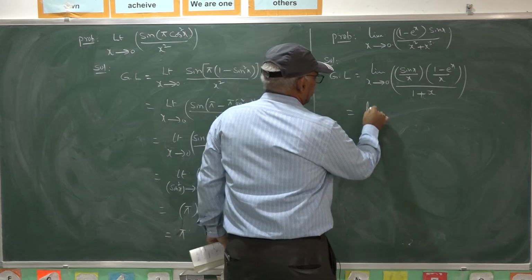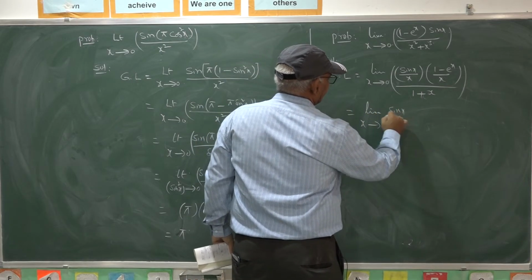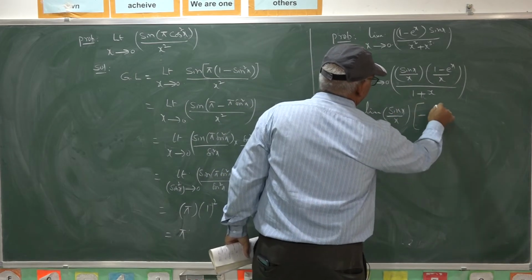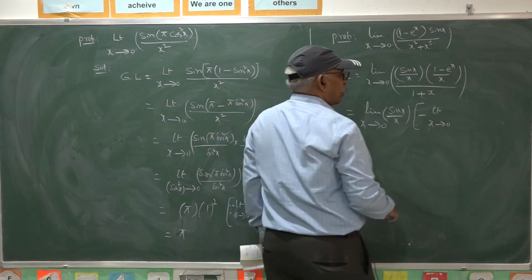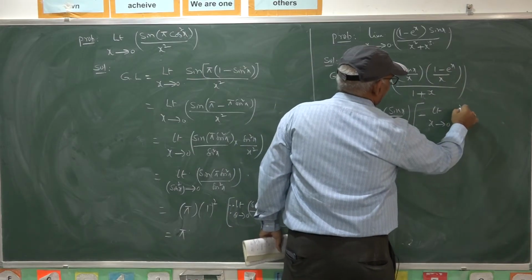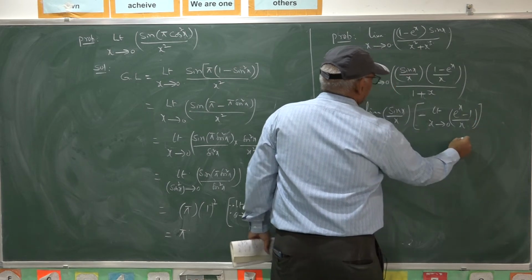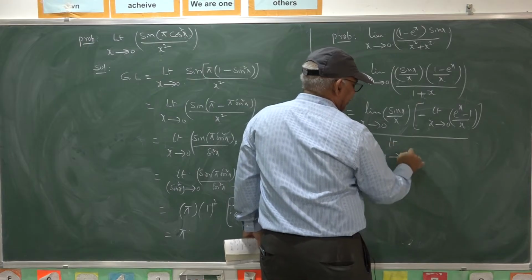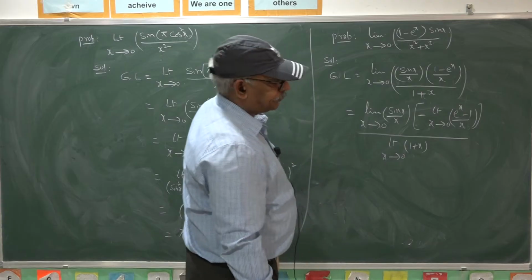So limit as x goes to 0, this is sin x by x here, into minus of limit x goes to 0, I am taking minus common from the numerator, e power x minus 1 by x, by limit as x goes to 0, 1 plus x. Once x is nearing 0, 1 plus x also takes a finite value 1.